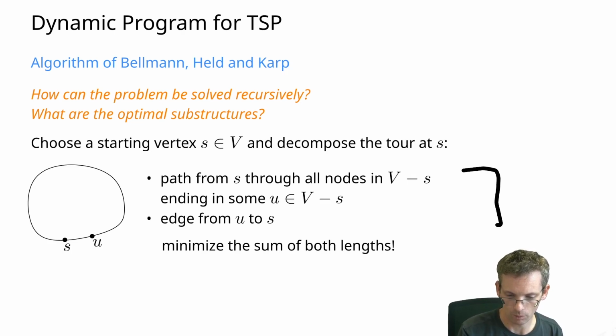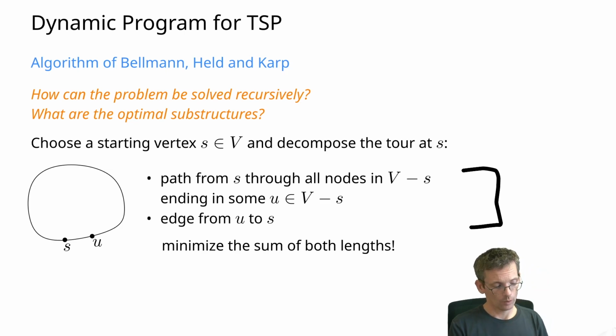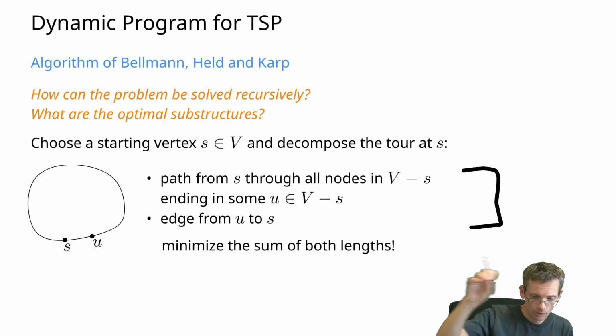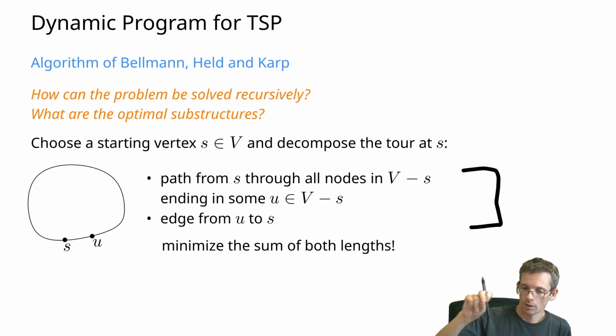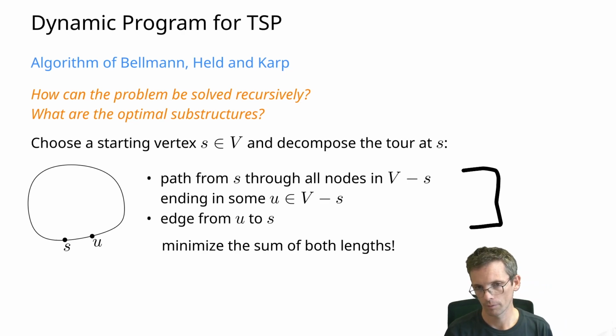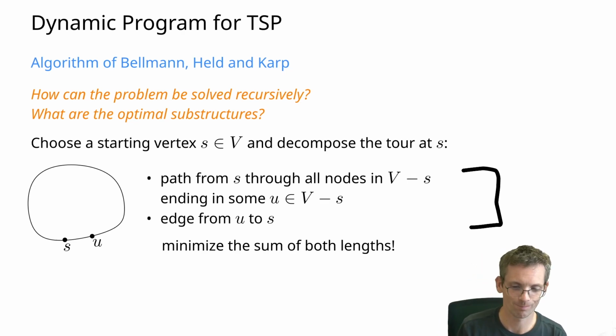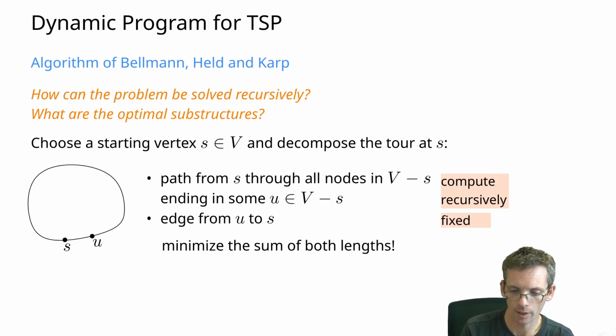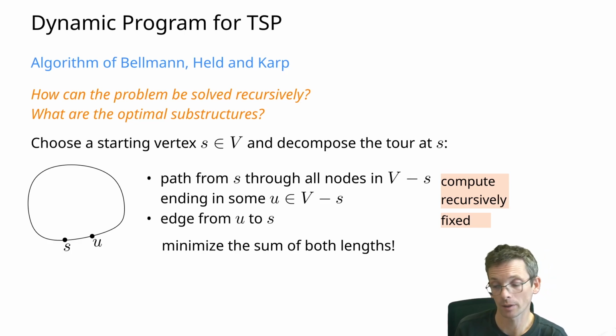This is still work, and that's what we're going to look at, but that is ideal. We have a starting vertex, and we eventually want to compute for every other vertex the shortest path to that vertex going through all other vertices. So the edges are easy, the other part we have to compute recursively.